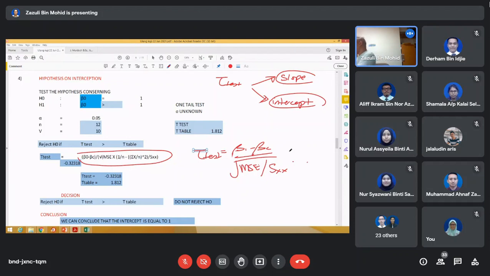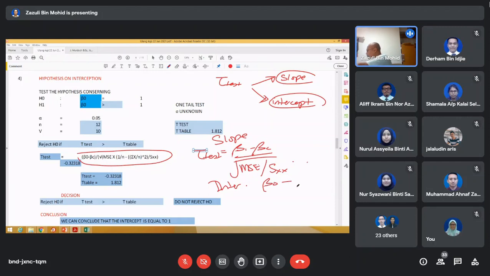Look, this is for the slope. And then you have the intercept, which has a little bit long equation.